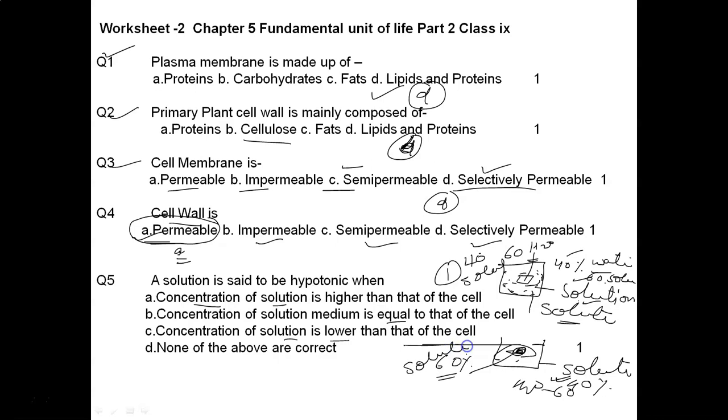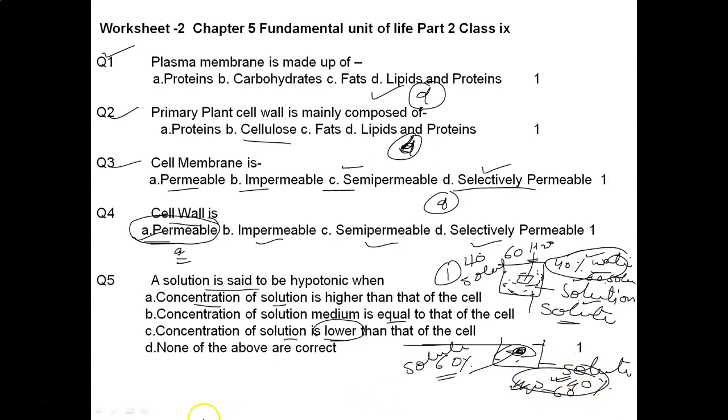Now we have already studied that water will move from its higher concentration to lower concentration. Hypotonic means more amount of water. So more amount of water in the solution. What does it mean? When more water is there, the concentration of solution is lower. Here is water 60%. Here is water in the cell 40%. So here less water, here more water.